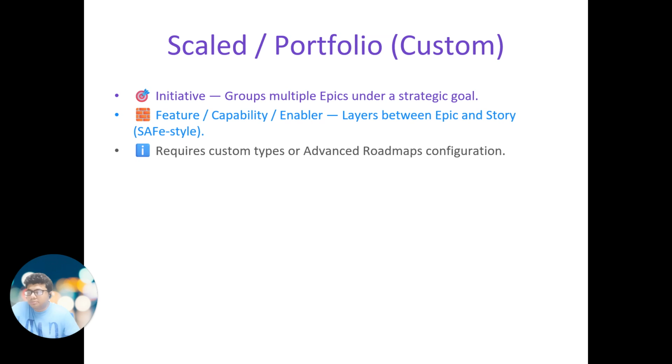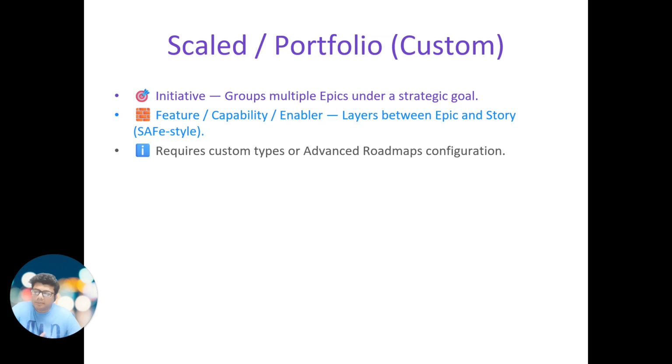Okay. Now let's move to the scale. Again, if your project is working on scaled agile, SAFe, all the previous slide will be used the same: all the epics, stories, tasks, spikes. But in scaled agile, we also use initiative and feature.